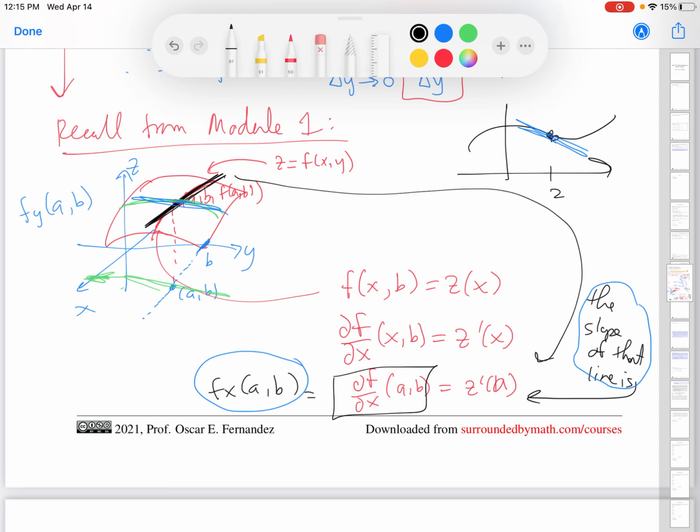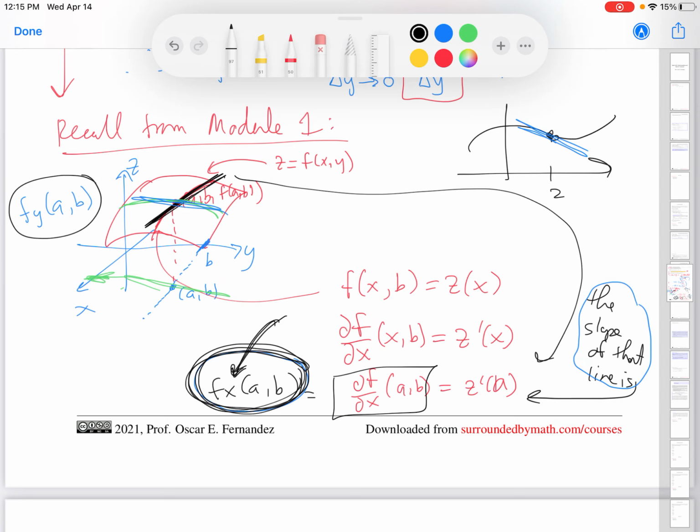Nonetheless, the point is that each one of these partial derivatives can still be interpreted as the slope of a tangent line. And somewhat naturally, it's the slope of the tangent line that you obtain by going along the curve generated as this variable changes and the other one is held constant.